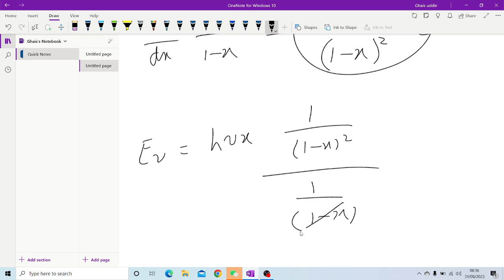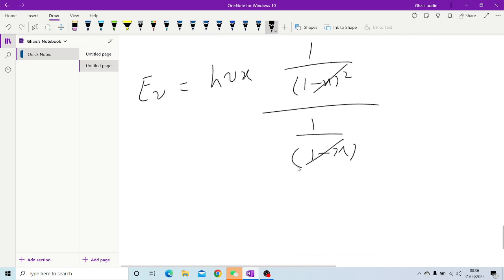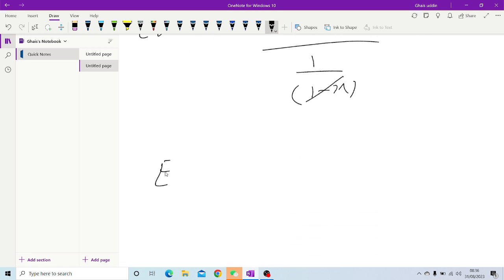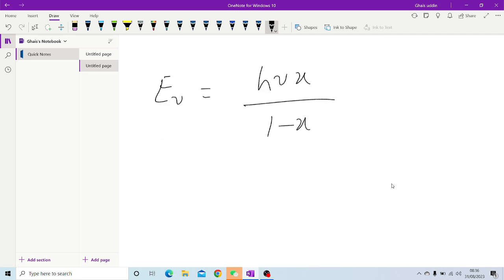So this can cancel with this, so we get only E nu is equal to h nu x divided by 1 minus x. Now I can write this x divided by 1 minus x like this.